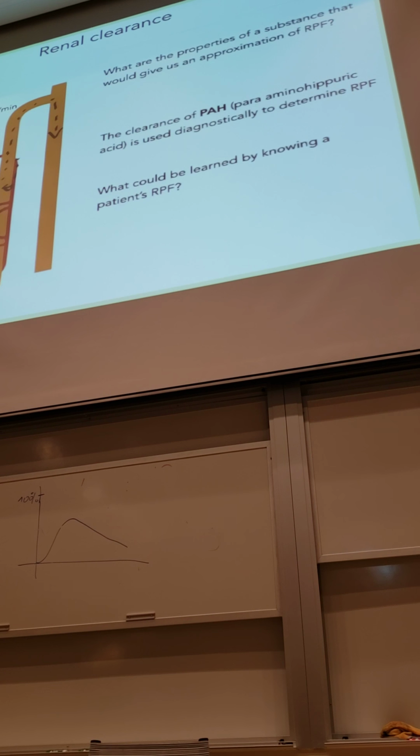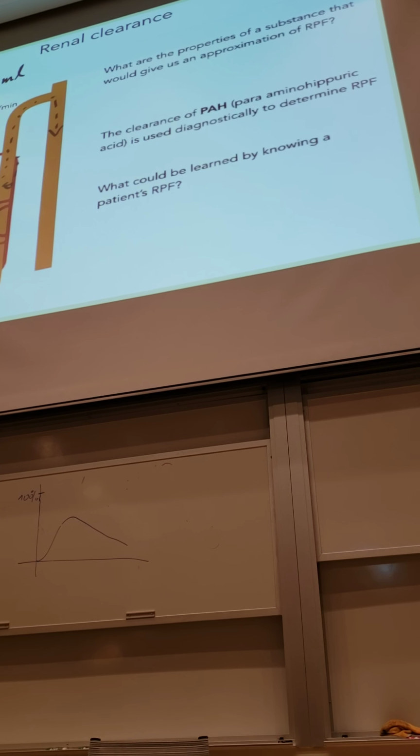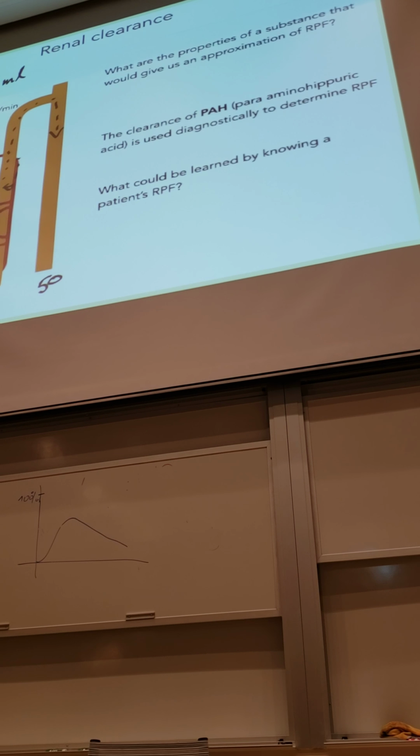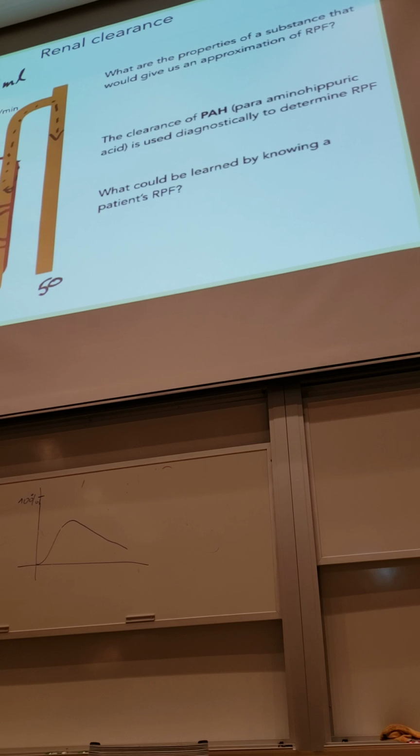Okay, so if we have a substance that has a filtered load of 50 milligrams per milliliter, and what comes out is 0 in the venous blood, and 50 comes out in the urine, we have cleared the substance completely from the plasma, right? So the rate of flow through the kidney is the amount of plasma that we can clear.